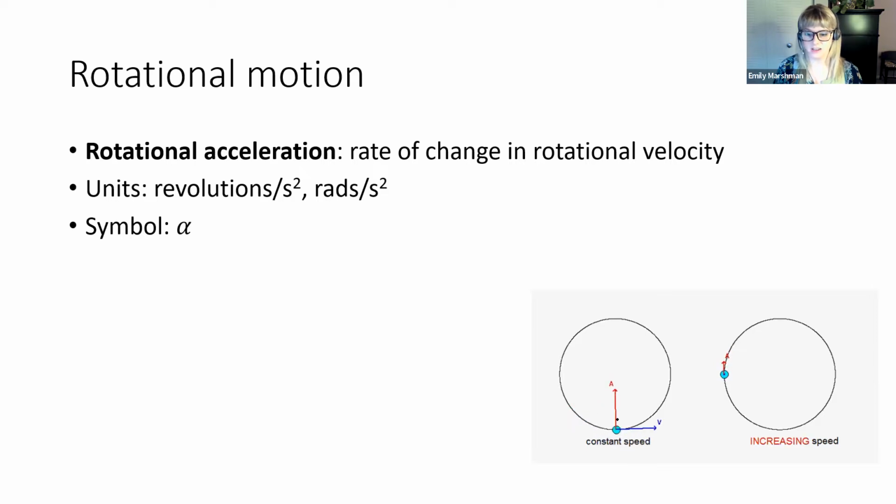It's just going at a constant speed in a circle. So we would say it has constant speed, it has constant angular or rotational velocity, omega, and it's not accelerating in its rotation. So its rotational acceleration would be 0 for this left-hand side.